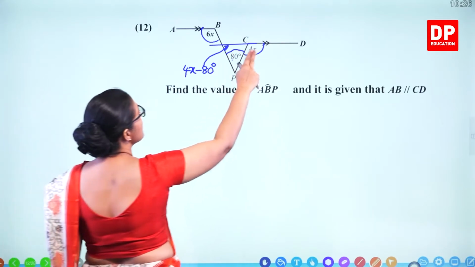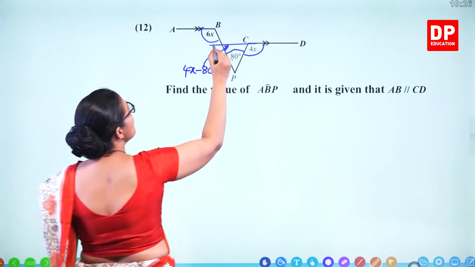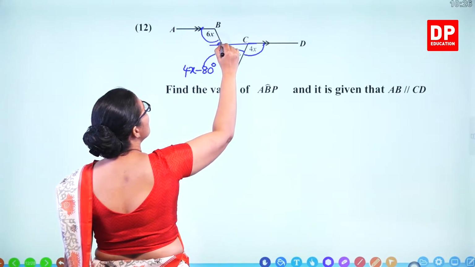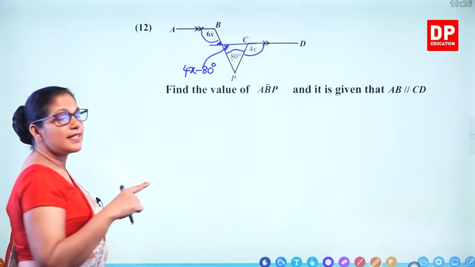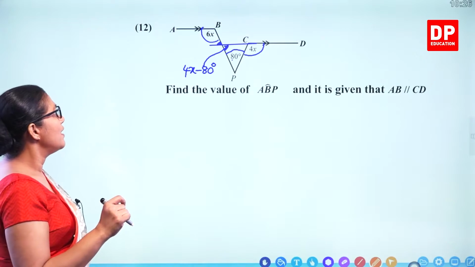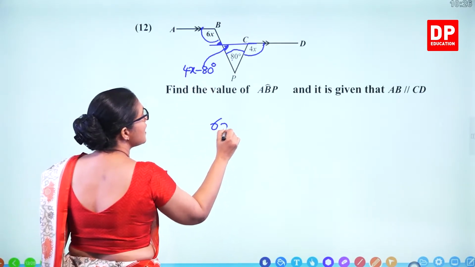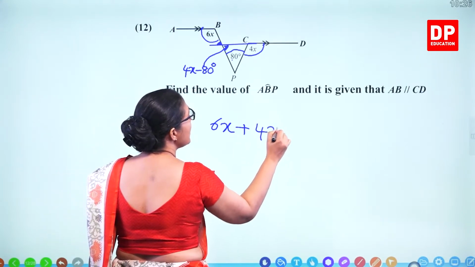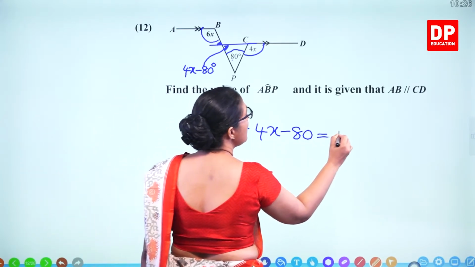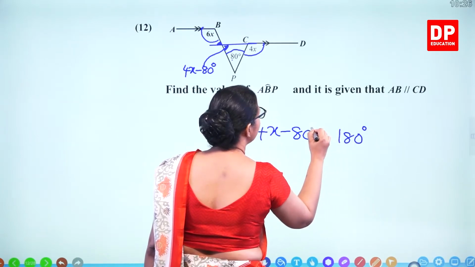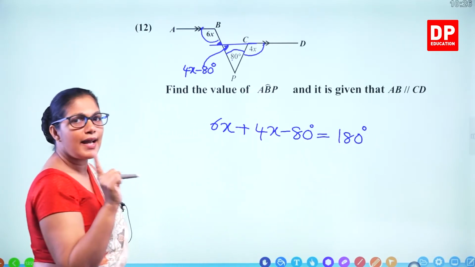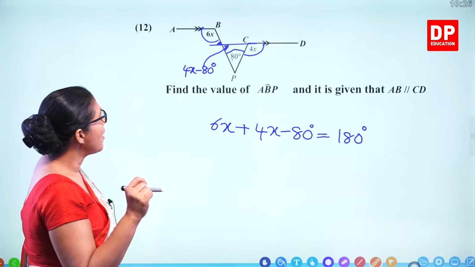So 4x minus 80 is this. So this is also 4x minus 80, opposite angles are equal. Then we know these two are allied angles. So 6x plus 4x minus 80, that should be equal to 180. Allied angles are equal to 180.